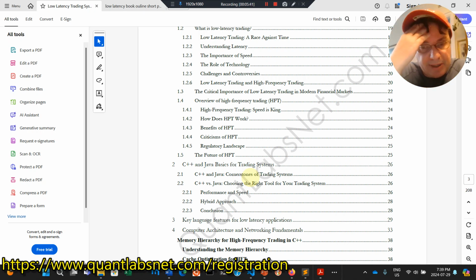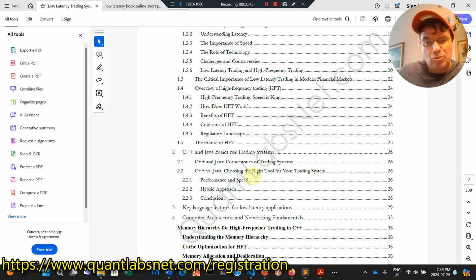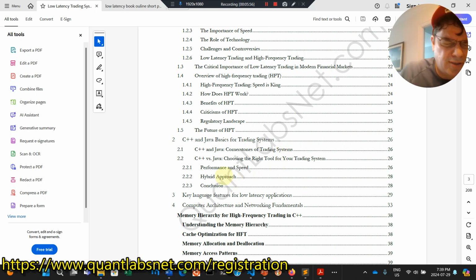But I just want to give a comparison between both Java and C++. If you're wanting one of those high-paying jobs, these are the languages you'll need to know. More importantly, the language to know, as I said, is C++. So how do you know which one's the right tool for you, C++ versus Java? I talk about it in a couple of paragraphs on each: performance and speed, and hybrid approach.